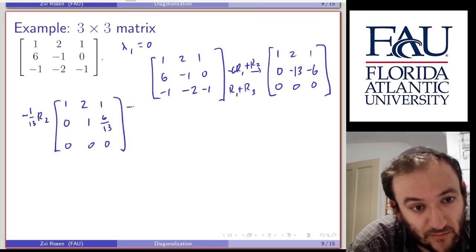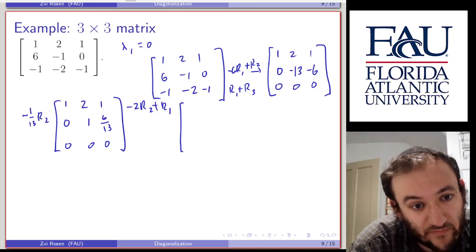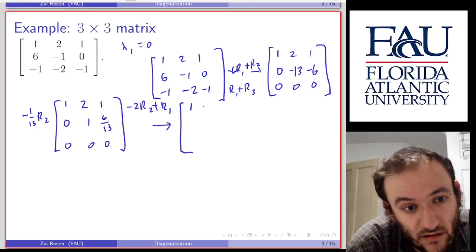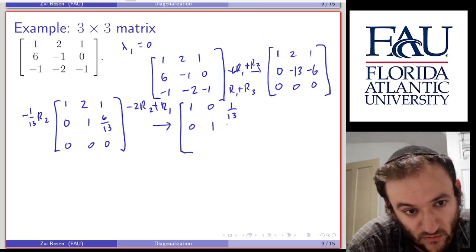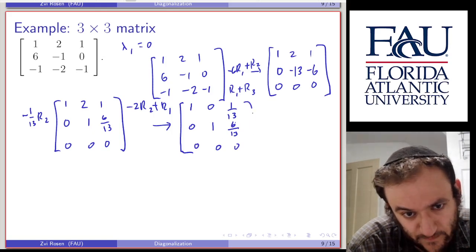Then we add -2 times row 2 to row 1 to get [1, 0, 1/13; 0, 1, 6/13; 0, 0, 0].